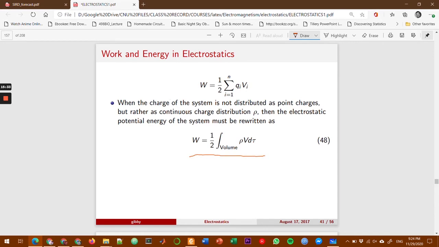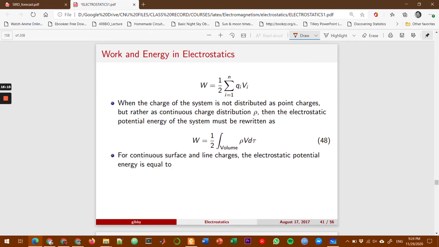This is the case for volume charge distribution, so your dq becomes rho d tau, where rho is the volume charge density. Its unit is charge per volume, and d tau is volume, so multiplying them, the volumes cancel. The unit is actually charge.